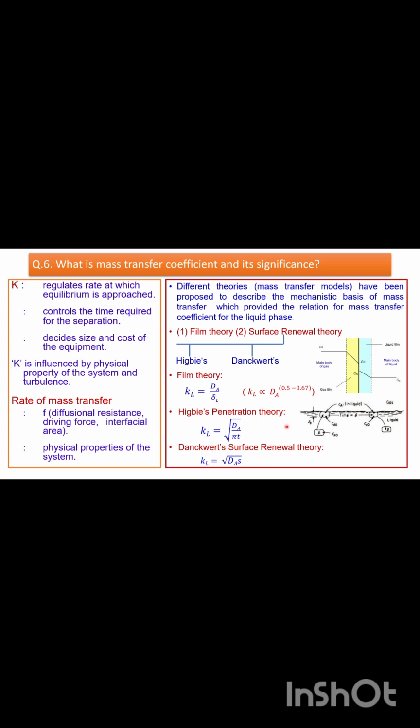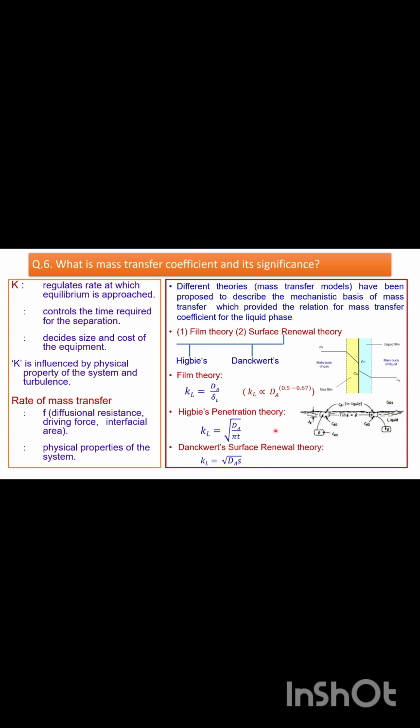So this behavior resembles the plug flow condition. After that, Danckwerts says that this phenomenon may be applicable to a particular case, and may not be true for all cases.